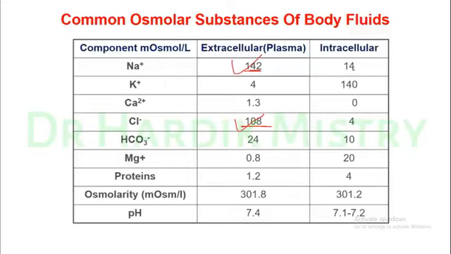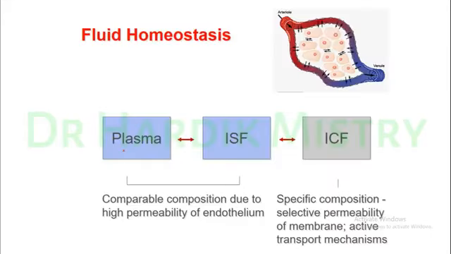Now we speak about the intracellular fluid. It is potassium ion, which is around 140 milliosmol per liter, and it is the highest ion present in the intracellular fluid compartment. But the osmolarity of the extracellular plasma and that of the intracellular fluid are almost equal.